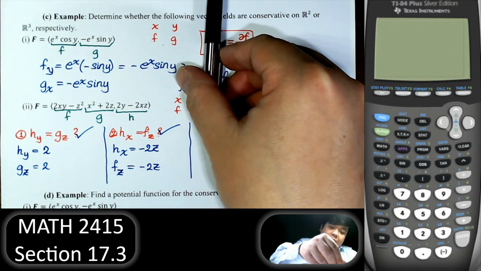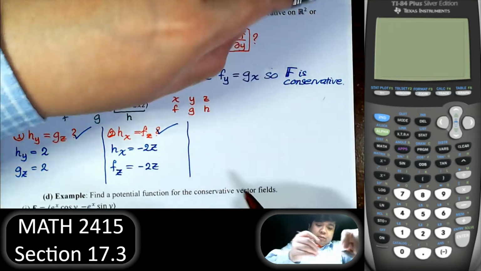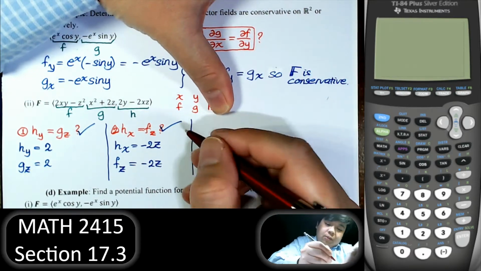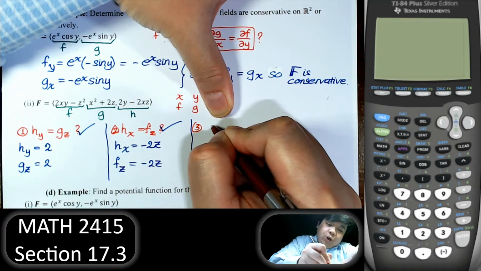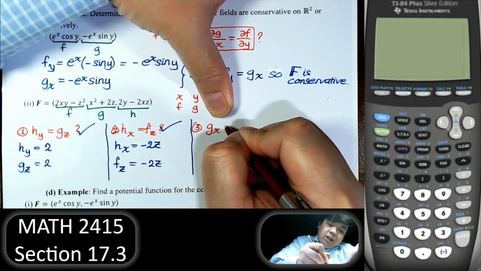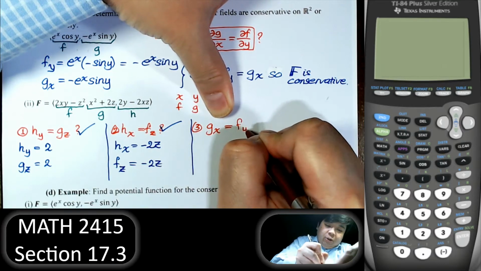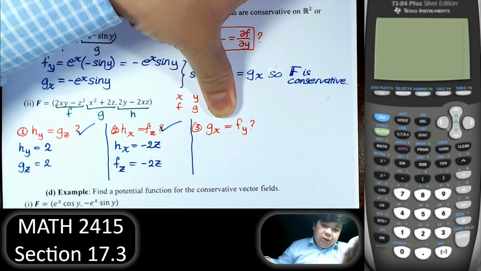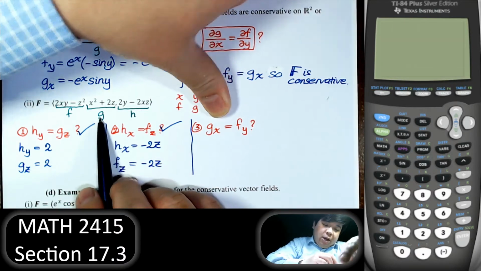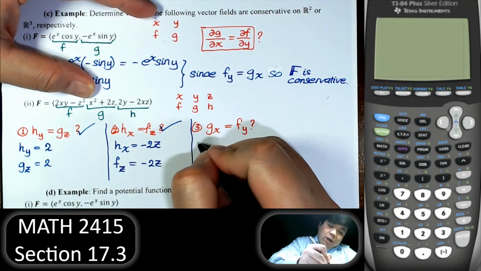Equation number 3. Is derivative of g with respect to x equal to derivative of f with respect to y? So derivative of g with respect to x, that will be 2x.